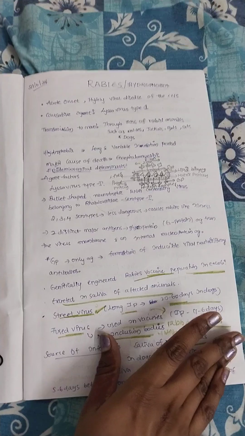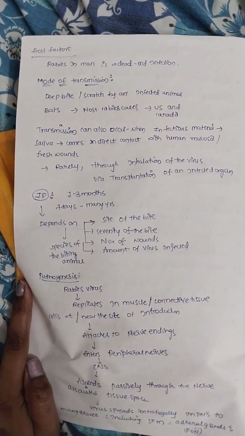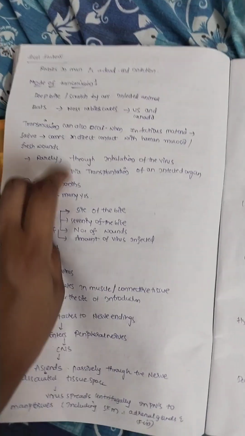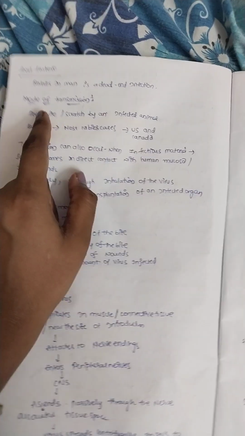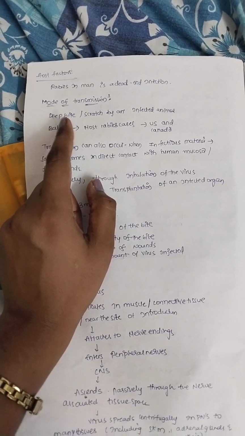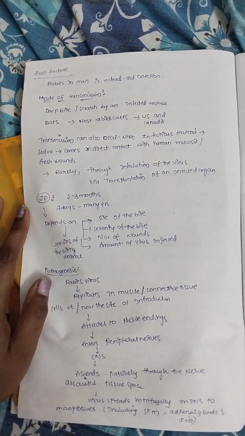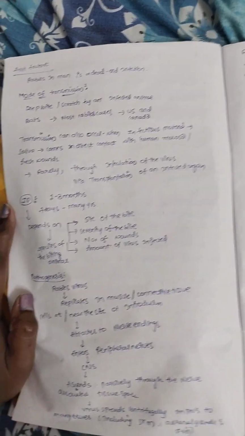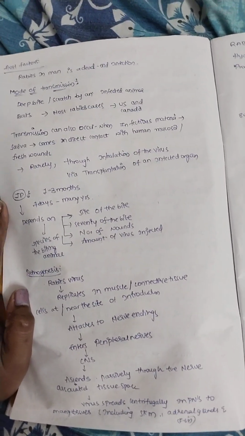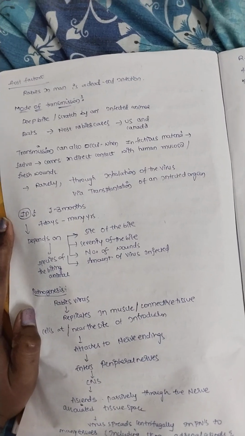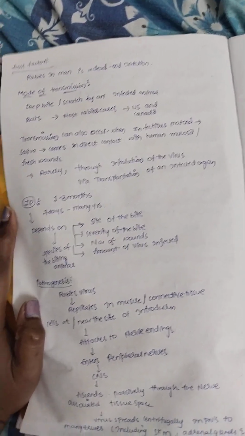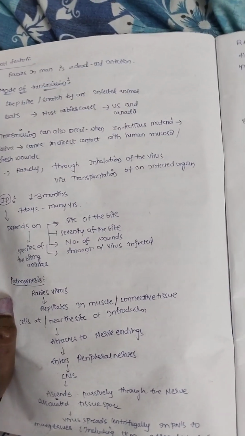Coming to the next thing, we'll go with host factors. Rabies in man is a dead-end infection. The mode of infection is a deep bite or scratch from the infected animal. Bats cause most rabies cases in the United States of America and Canada, while dogs are the main source of infection.